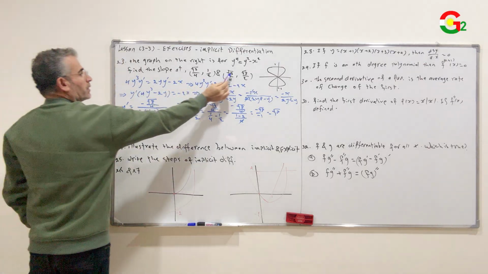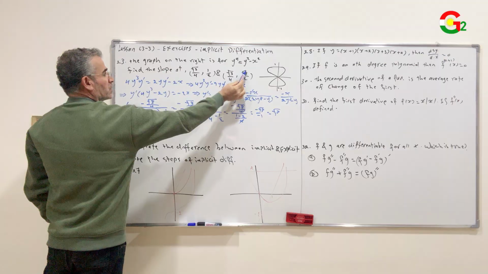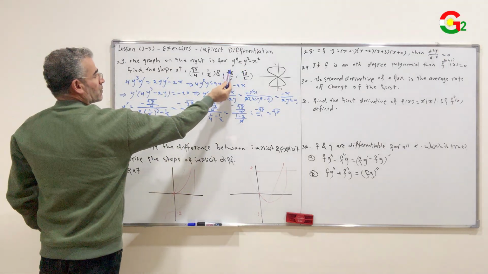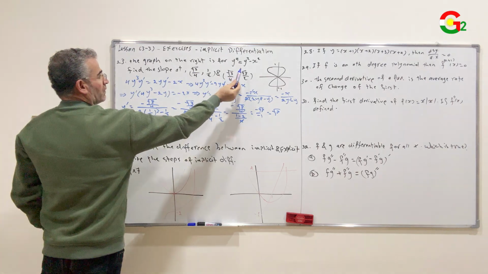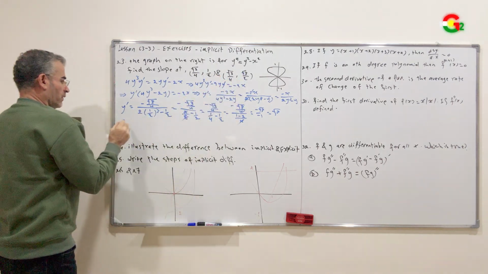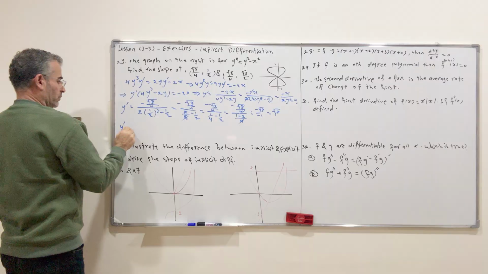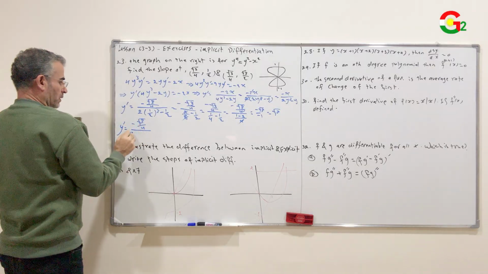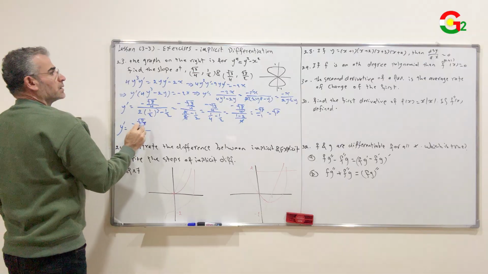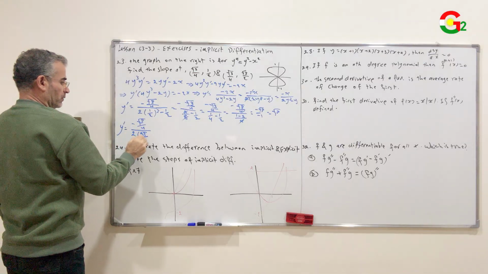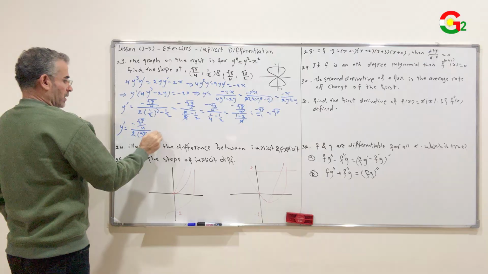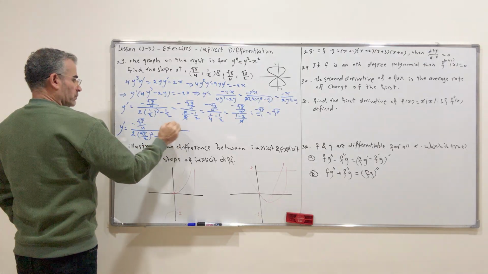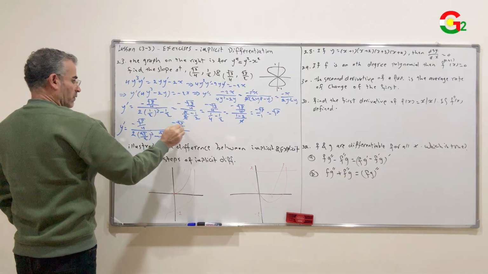For the point (square root 3 over 4, square root 3 over 2), replace every x with square root 3 over 4 and every y with square root 3 over 2. Then y' = negative square root 3 over 4, over 2 times (square root 3 over 2) cubed minus square root 3 over 2.